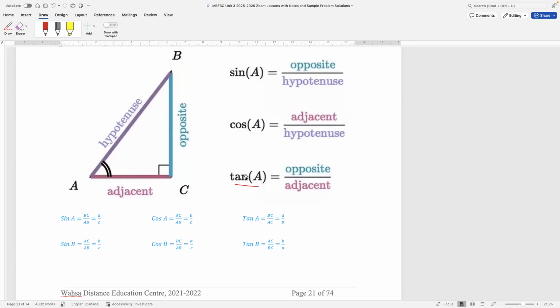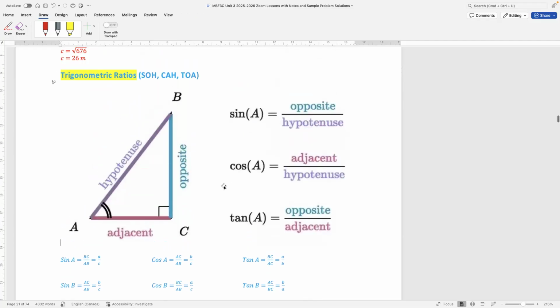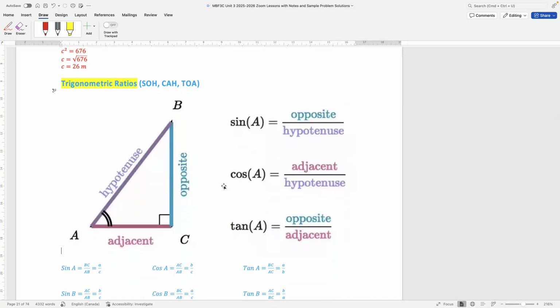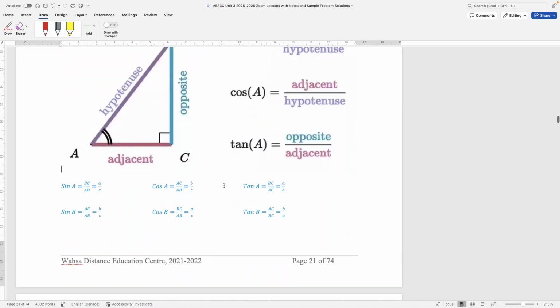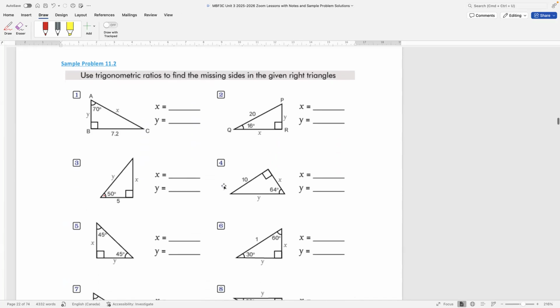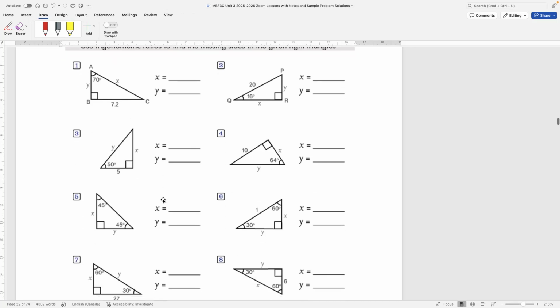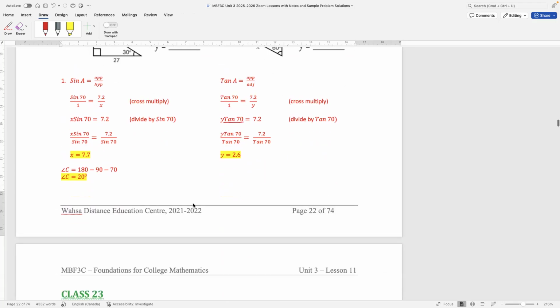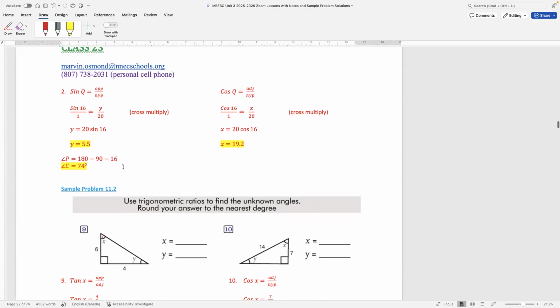Okay, so you've pretty much seen examples of all of the different types of problems that you can get when dealing with trigonometry and sine, cosine, and tangent. There are going to be other things that you might have to do. So we've done number one, and today we've done number two.